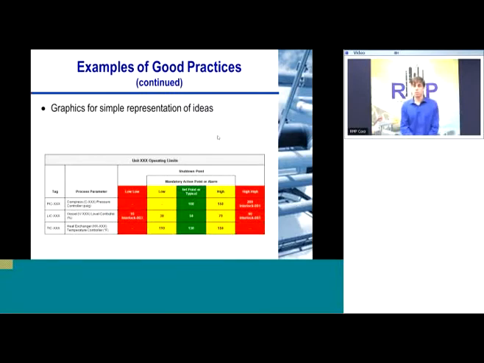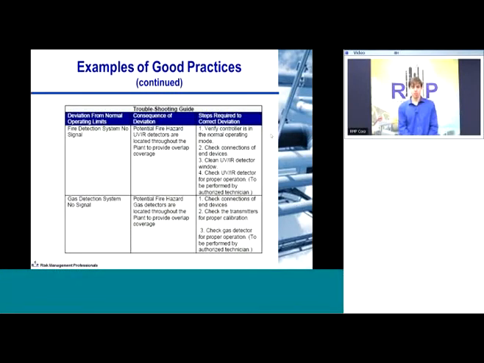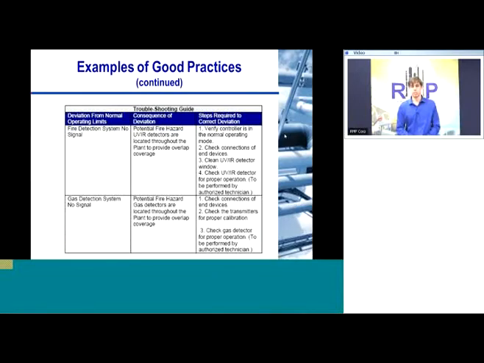Moving on to some consequences of deviation, here's an interesting example. In this troubleshooting guide, we see that the deviation is maybe your fire detection system has no signal. So the consequence of that is if there is a fire hazard, you might not get a signal that there is a fire, so you'd be left in the dark. So this provides steps to correct or avoid that. In this case, you check the wires on that, make sure that your device is plugged in.